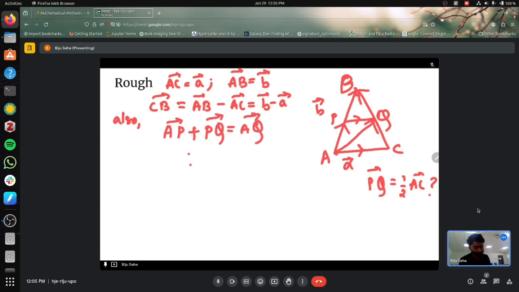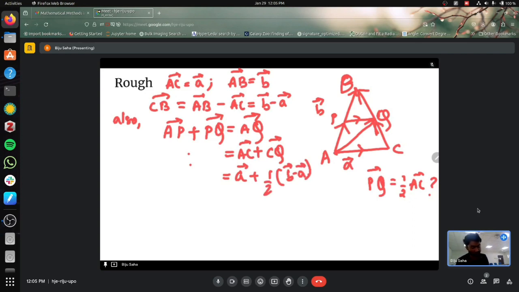So AQ again can be written as AC vector plus CQ vector, and CQ vector is actually half of CB vector. So AC is vector A and CQ is half of CB, that is half of B minus A.